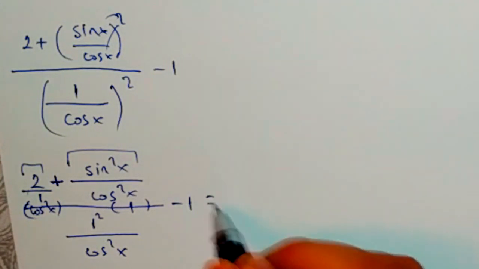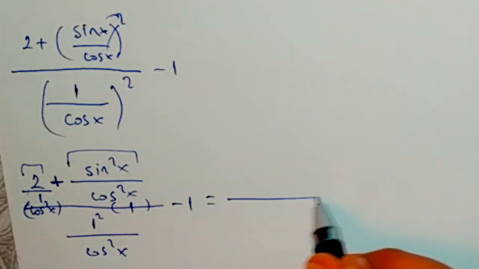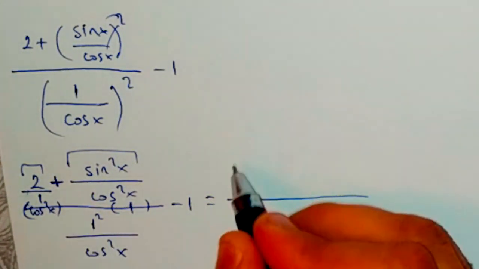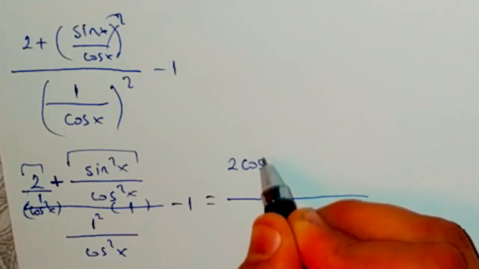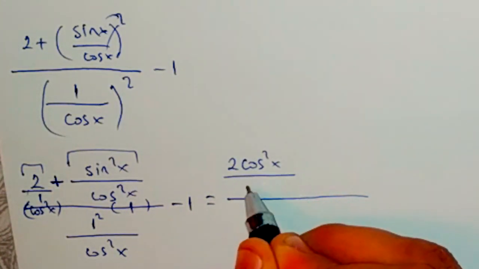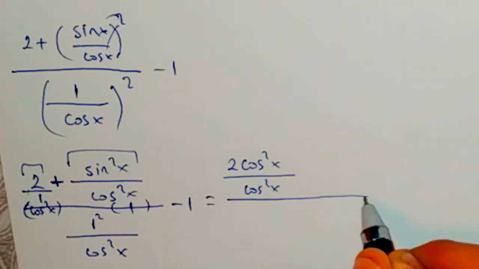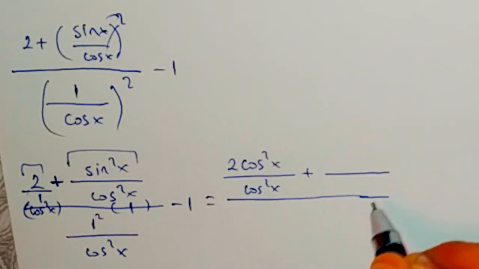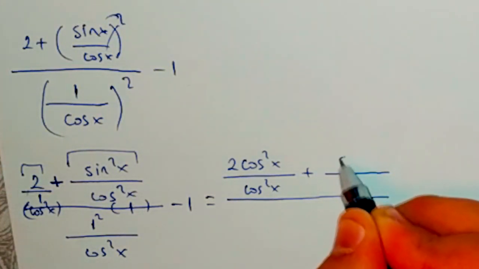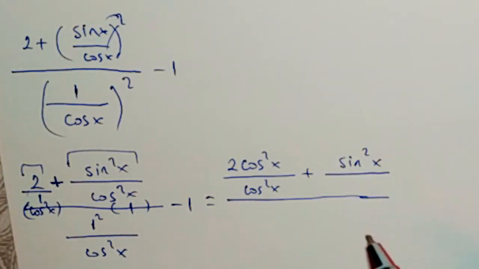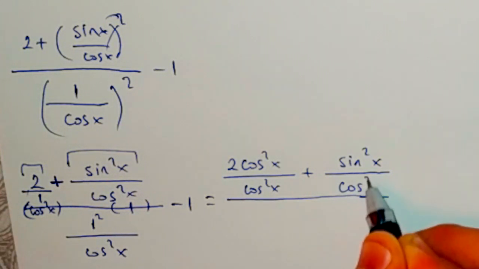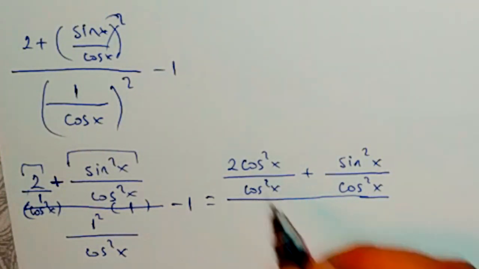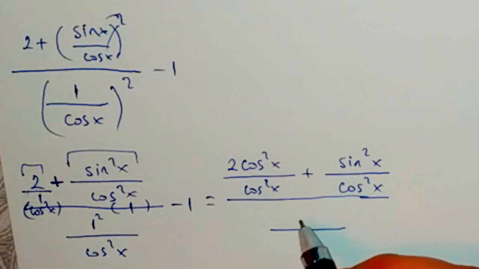And I will get a new form like this, 2 cosine square x over cosine square x added to this part. I will not change it, I will write sine square x over cosine square x without any change. Here I will write 1 over cosine square x.